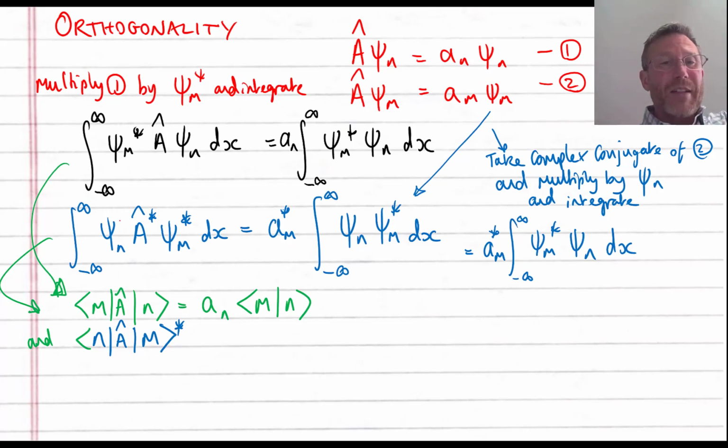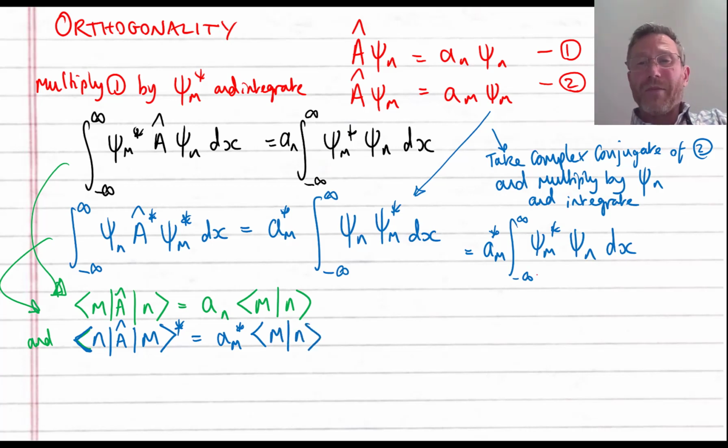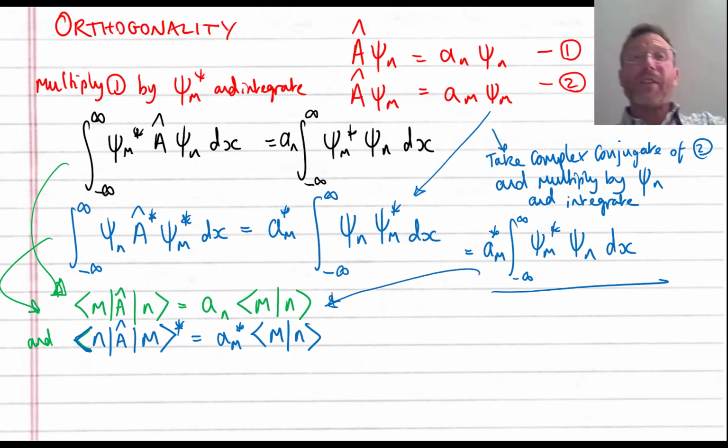Don't forget, usually we're expecting the complex conjugate to be here, but we're not seeing that at the moment. That's why this whole Dirac notation has the complex conjugate sign next to it, and that is equal to a sub m star, and then inside we've got m n, just like before. So we've got the same integral, the same thing inside the Dirac bra-ket notation down here.